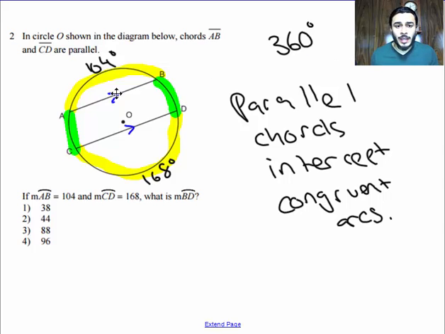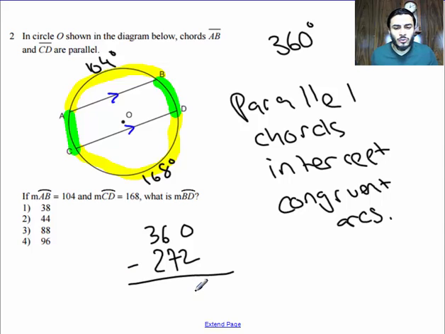So if we add up 104 and 168, we will get 272. 360 take away 272 is what? That will be 60 plus 28, so that's 88.